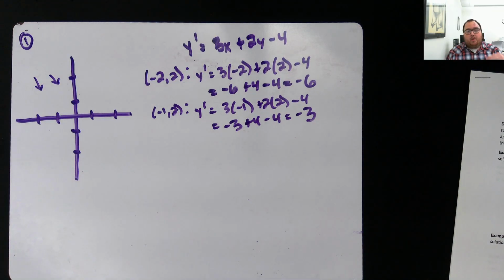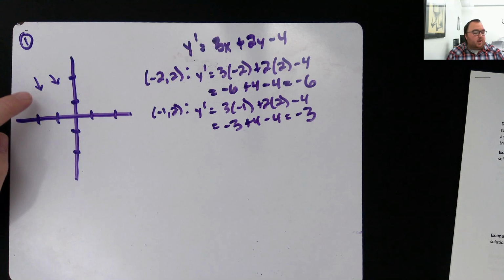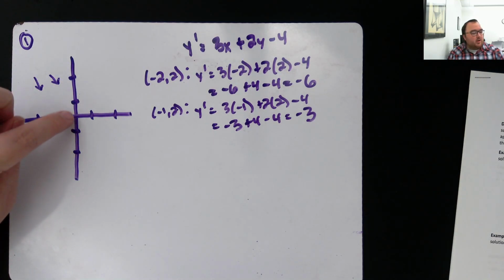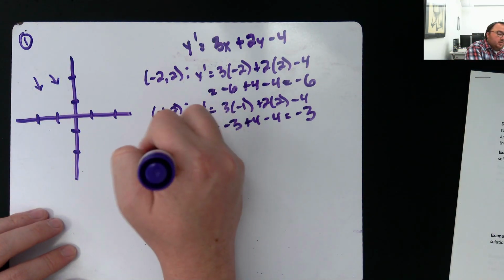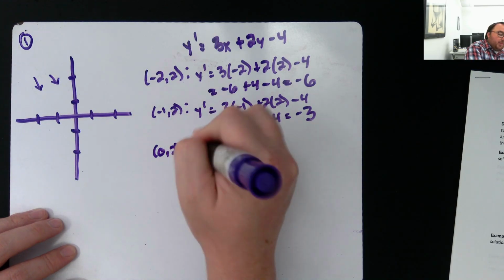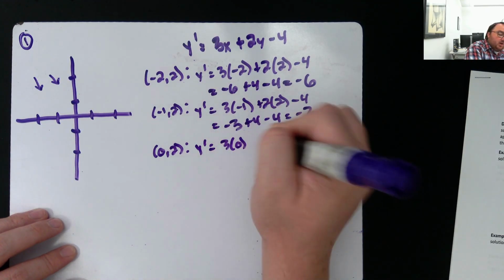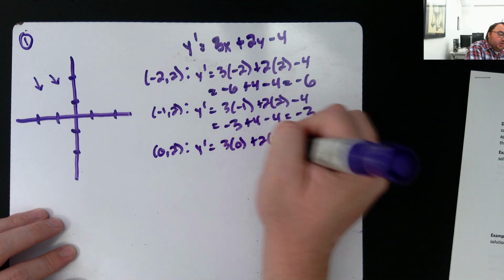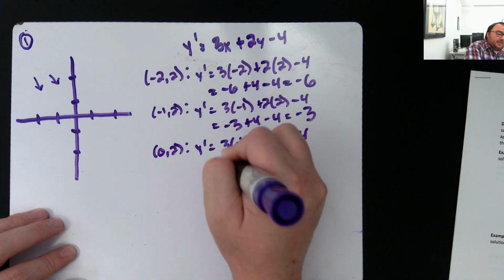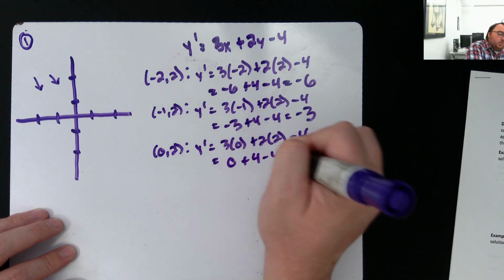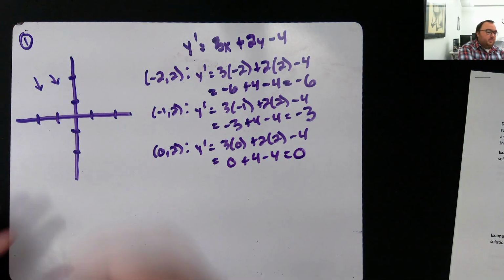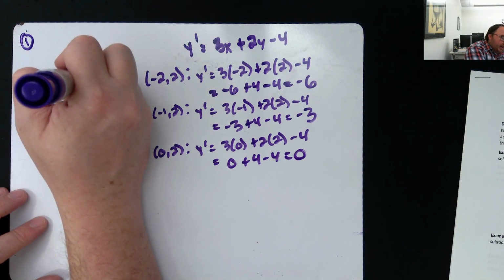Mainly as long as you know if it points down or up or straight. That's what I really want to know. My next point, (0, 2). So y prime equals 3 times 0 plus 2 times 2 minus 4. That's 0 plus 4 minus 4, which is 0. Slope of 0 means it's a straight line.